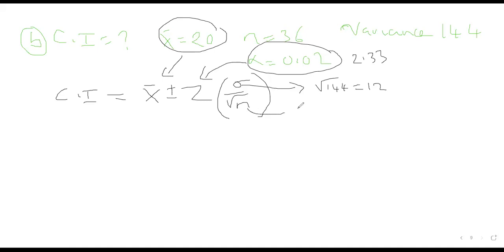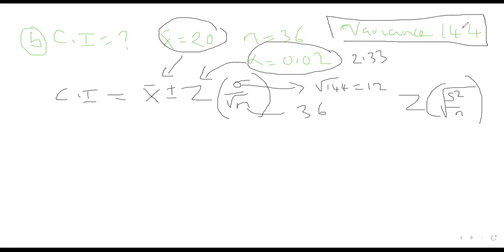And our sample size is what? 36. Sometimes the standard error will be as follows. If you're given the variance, you can put all of it in the square root to still give you the same figure, because people have a problem here. You don't understand that this is a variance. A variance is a square of the standard deviation.